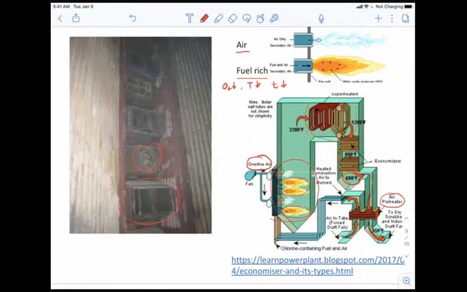So what we can do is we could actually extract the remaining heat by introducing them through a heat exchanger. So what it does is basically the hot flue gas can go through those small channels or the small tubes. But at the same time, the air that's planned to go into this combustor here, we introduce them around those pipes, okay, around those channels.